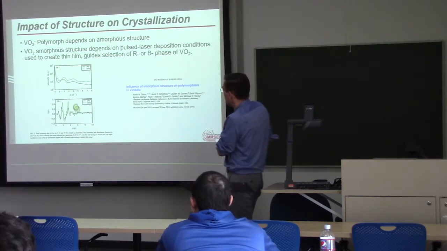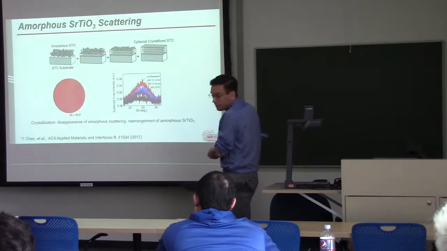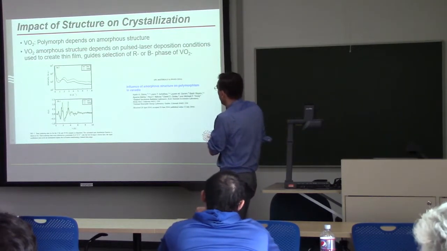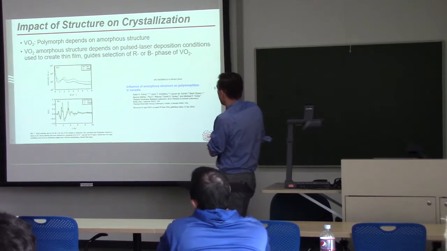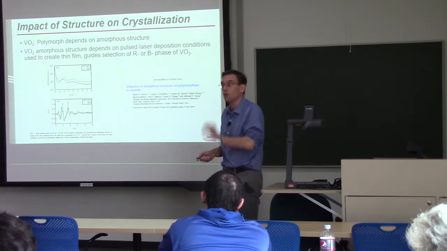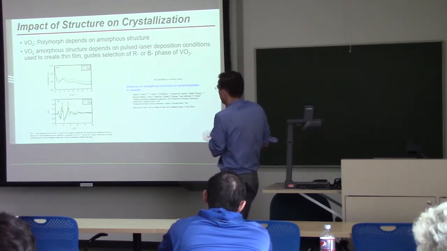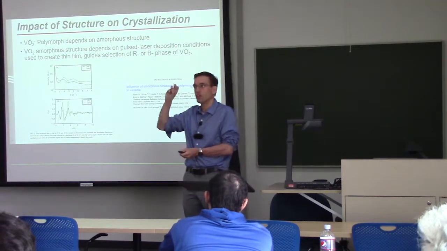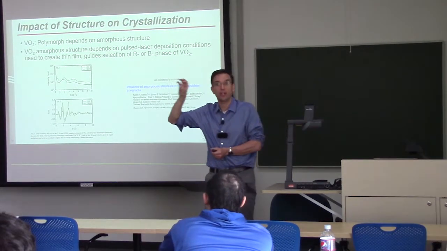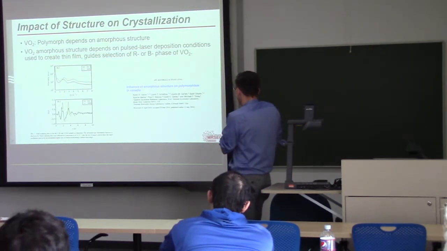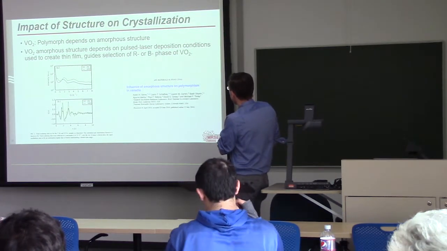The bottom is the G of R extracted from those. And the key thing is that if you start with the green and start with the black, you end up with different crystalline polymorphs. Fascinating. I would say it is totally unknown what local structure is driving the selection of the polymorph in these materials. Okay, so that's in VO2.